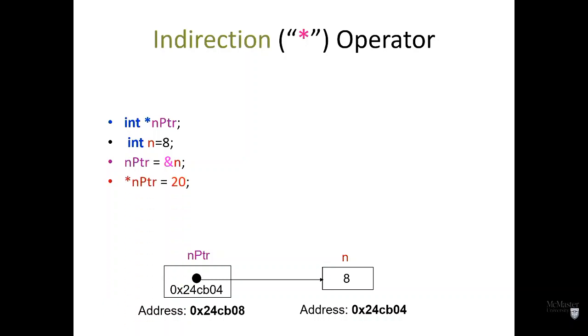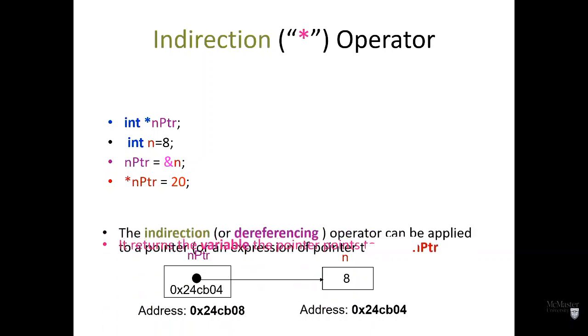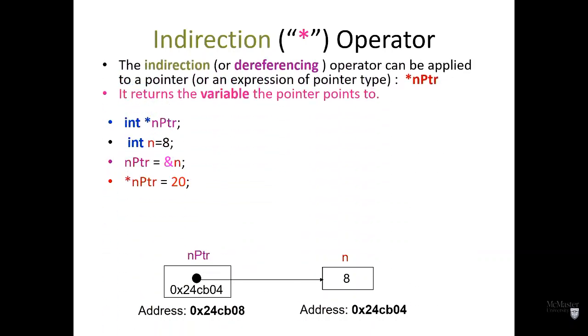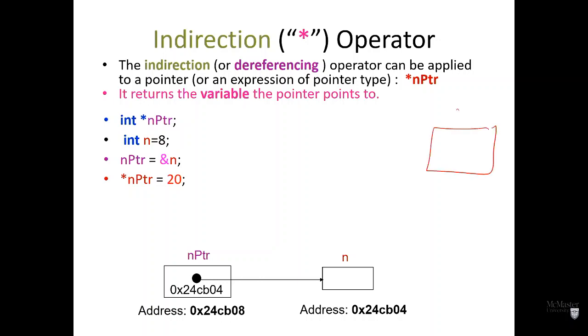Now I'm changing the value of the n pointer to 20. And this in C has a kind of complex name that is called indirection or dereferencing. And basically, it just changed the value. So how would I explain this? Okay. So now this is my memory. I have n here.